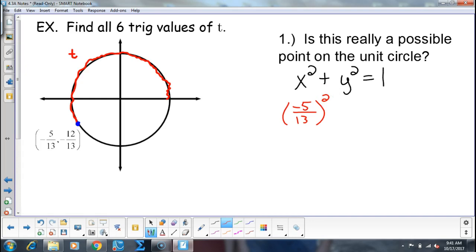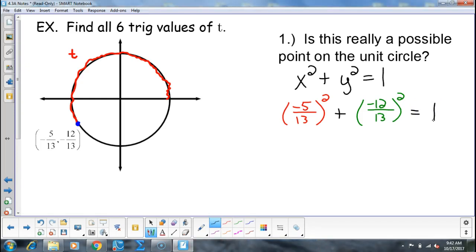Do I have the y part of my point? What is it? Negative 12/13. And if I square those and add them up, I should get 1. If I don't get 1, then that point is not on my unit circle.